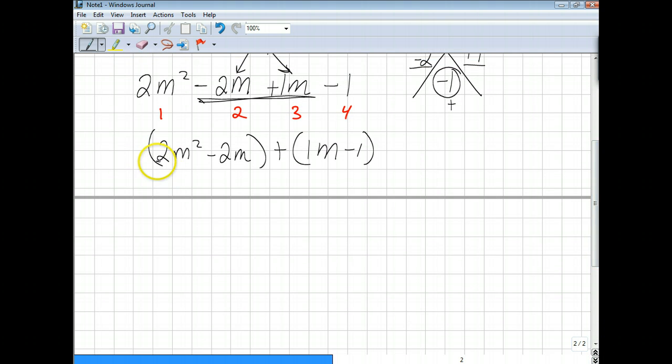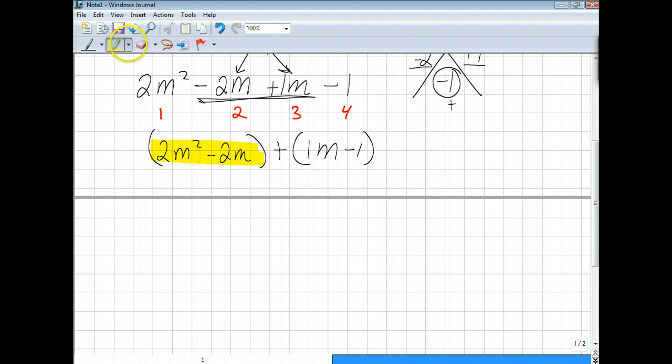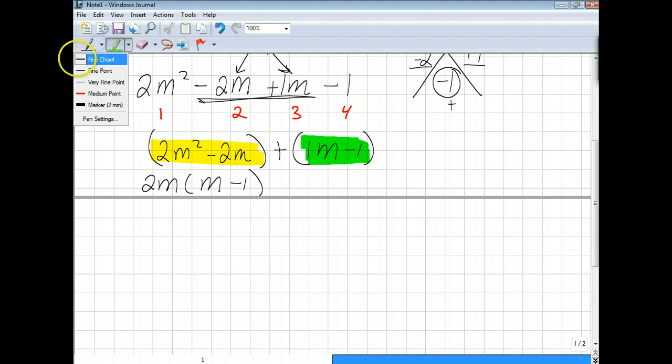Then in the first parenthesis, is there anything in common? Is there a common factor? The common factor is 2m, so we factor that out, and that leaves us m minus 1. Then in the second parenthesis, the only common factor is a 1, so we factor out a 1.